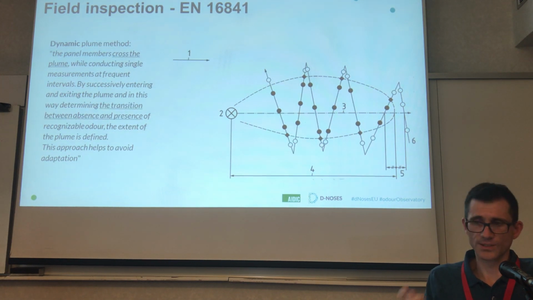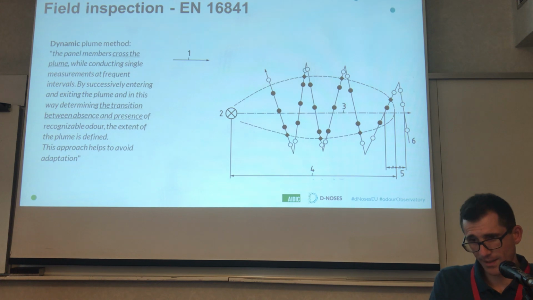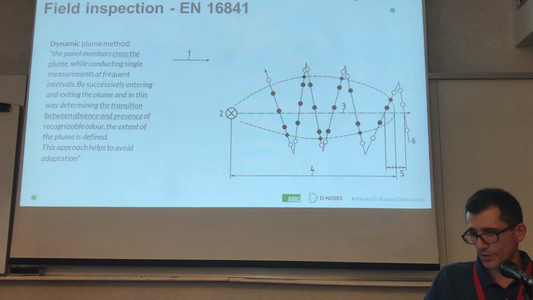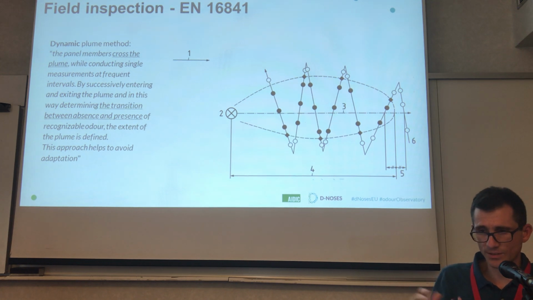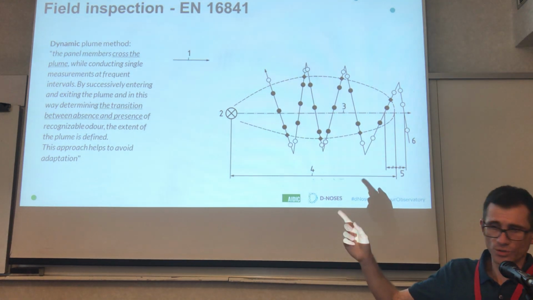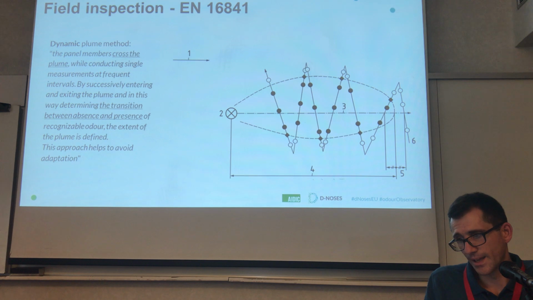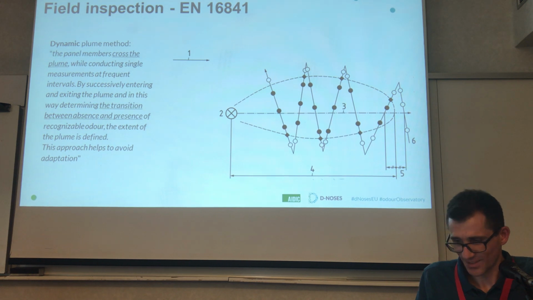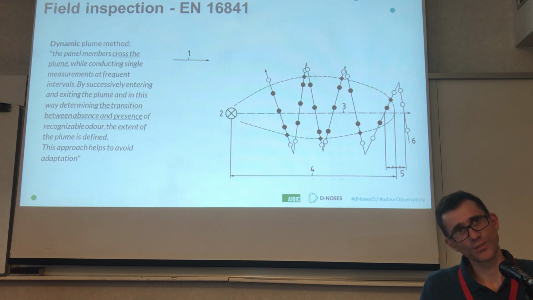On the contrary, in the other method, one assessor crosses the plume. Position 2 is the source, the wind is from left to right, so what you see is a plume. And so there are two different methods, but quite equivalent as far as concerned the results.